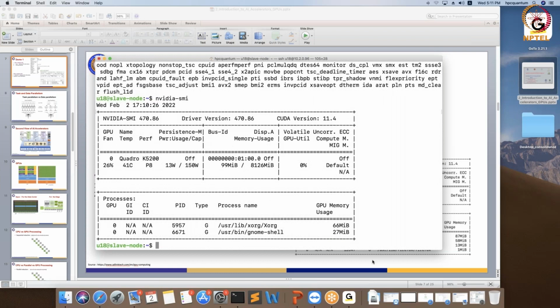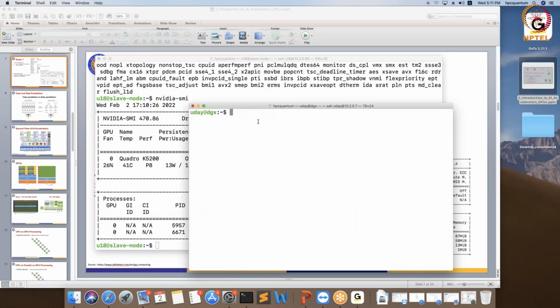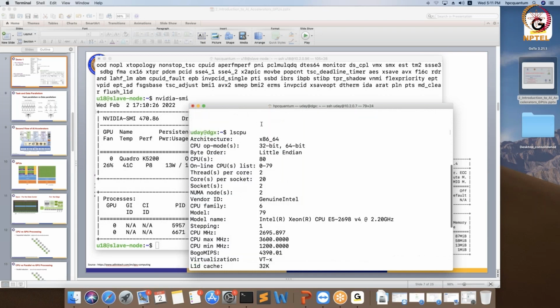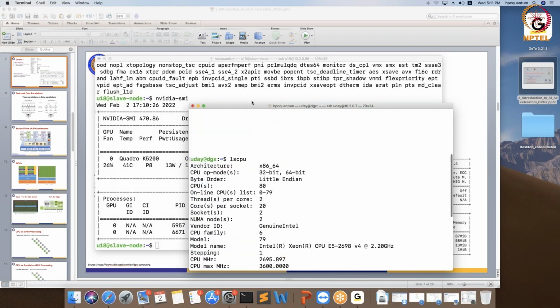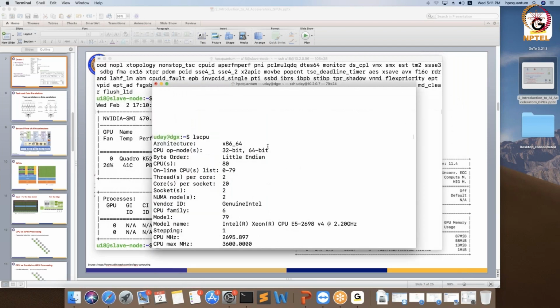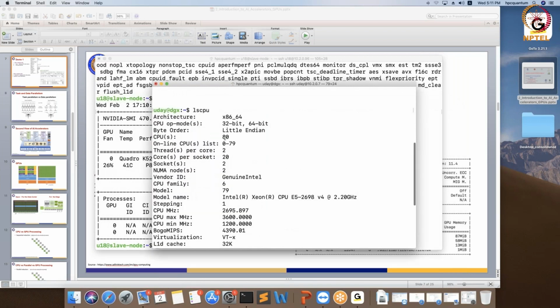Now let us go to another place, which is our DGX. Let us try to do the same thing again. This DGX has got 80 CPU cores, that's what it means, right?